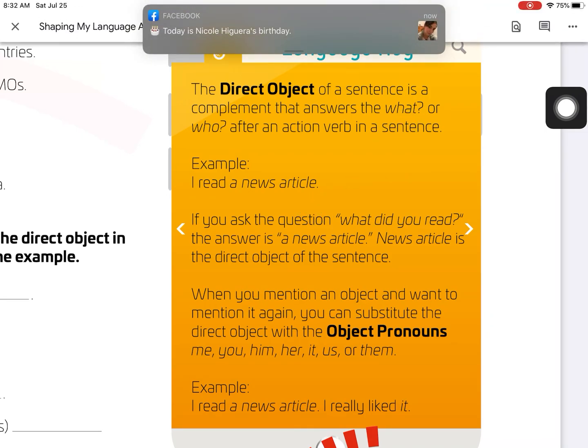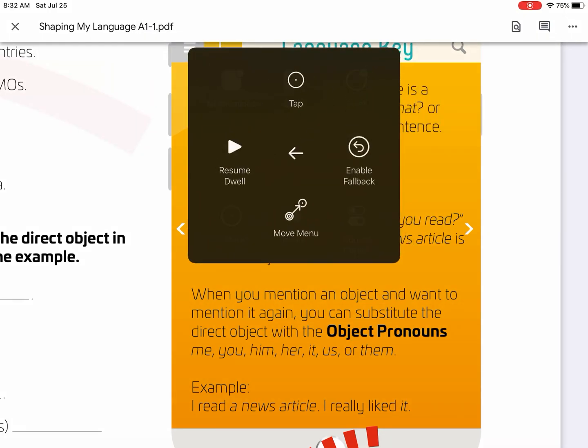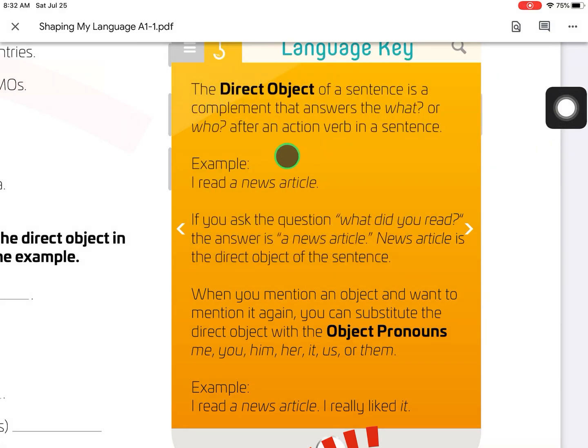If we are in terms of what or who, here the direct object is going to be the part of the complement that you are going to insert here. News article. Yes? News article is the direct object. And if you ask the question, what did you read? The answer is a news article. News article is the direct object of the sentence.